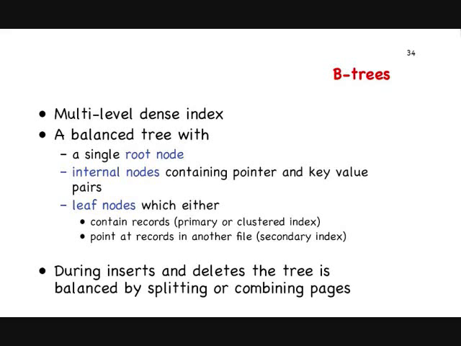It's got a single root node, internal nodes which contain pointers and key value pairs, and then leaf nodes which either contain the records or which point at records in another file. It is a balanced tree, and it keeps itself balanced by splitting or combining as inserts and deletes happen.